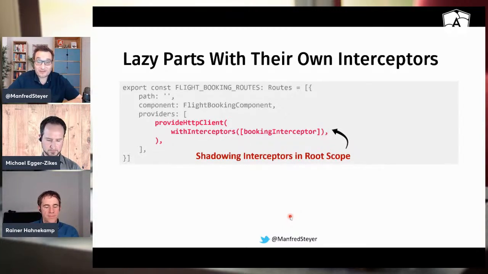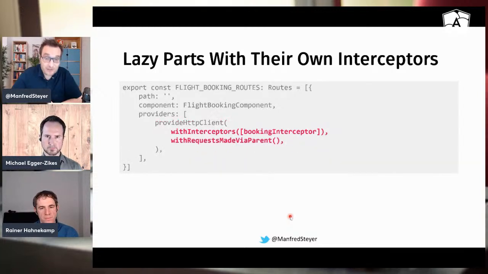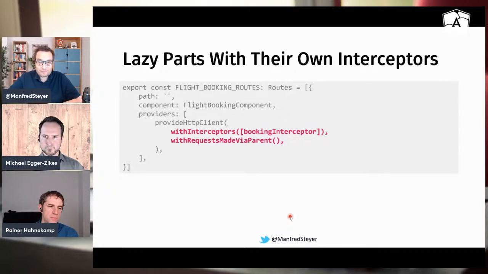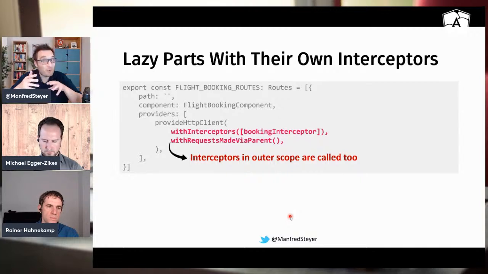This was always the case, also with traditional interceptors. However, now we have this feature that is called withRequestsMadeViaParent. And if you do this, then the interceptors in the outer scope are called too. So this is new. And this perhaps allows us to align a bit more with the principle of least surprise. This will also make your root interceptors, your interceptors in the outer scope, be triggered.